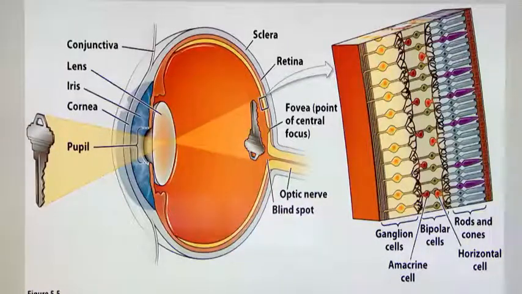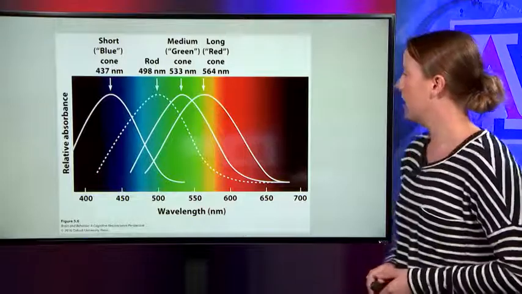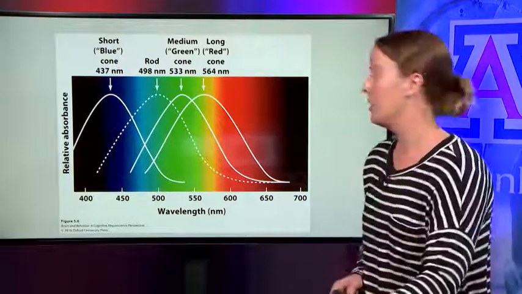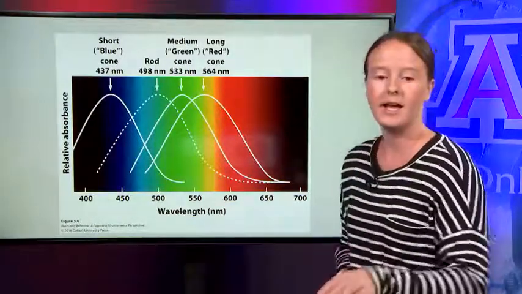I'm going to put that image up one more time, but you should be familiar now with the fact that the retina is critical for visual perception. It is the home of very important cells that help process visual data, and the main photoreceptors are those rods and those cones.